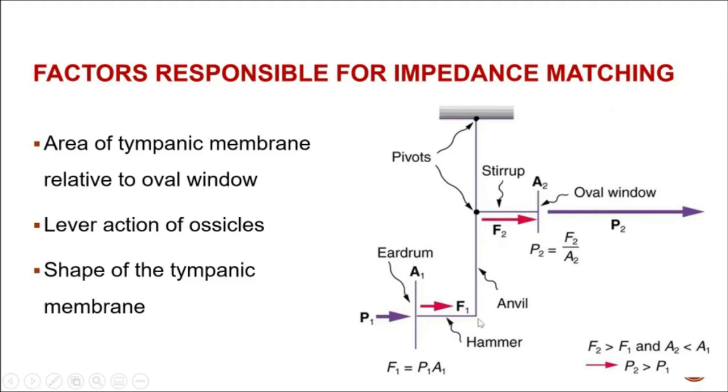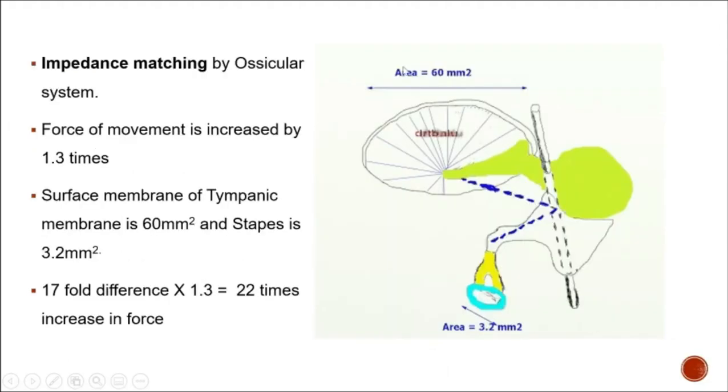One is the lever action of the bones, which very faithfully transmit the sound energy to the oval window, and the other is the difference in area. Since the oval window area is lesser, A2 is less than A1, and due to the lever action of the bones, F2 is greater than F1. Ultimately, if I apply the formula, we get P2 greater than P1.